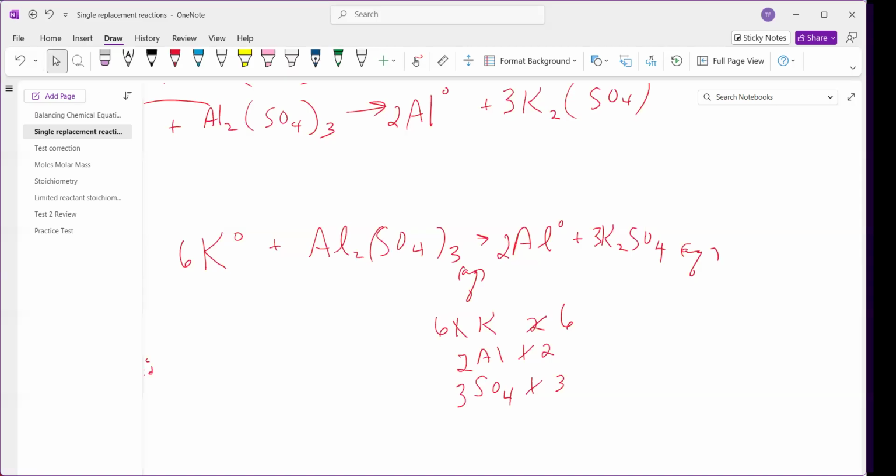What are the spectator ions? Now with single replacement reaction, there's only one spectator ion. Double replacement reactions, there are sometimes 4, sometimes none, sometimes 2, it varies. So it's from 0 to 4. But single replacement reactions always, no exceptions, always have 1.